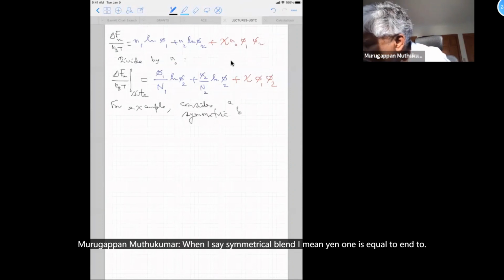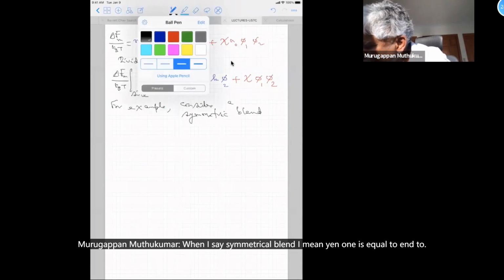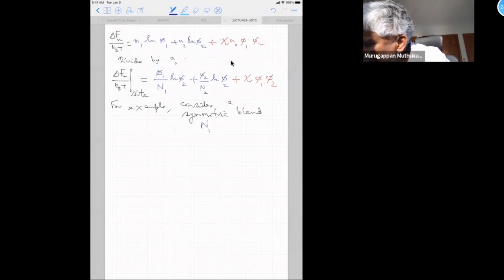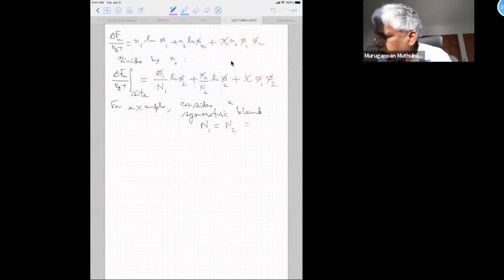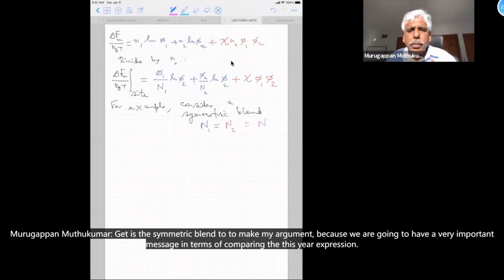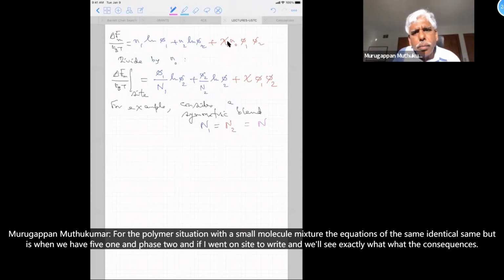When I say symmetric blend, I mean N1 is equal to N2, and let me say that's equal to N. It's a symmetric blend to make my argument, because we are going to have a very important message in terms of comparing this expression for the polymer situation with a small molecular mixture.